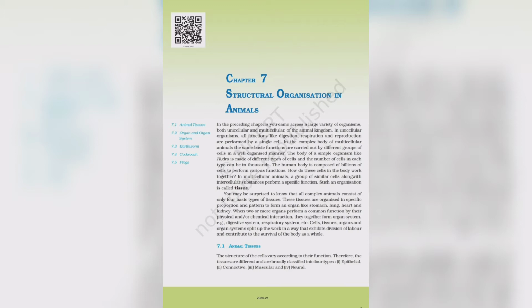Some of the columnar or cuboidal cells get specialized for secretion and are called glandular epithelium. They are mainly of two types. Unicellular consists of isolated glandular cells and multicellular consists of clusters of cells. On the basis of the mode of pouring their secretion, glands are divided into two categories, namely endocrine and exocrine.